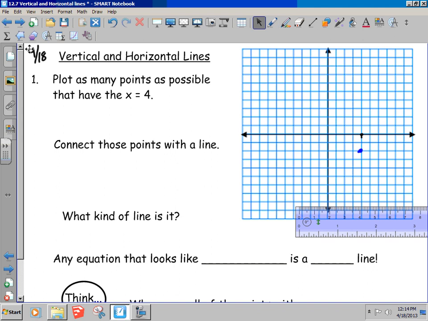Y is -2, but x is 4 there, right? Can you think of another point? Polanyi? Okay, in that case, x is 4 while y is 1, so x is 4. Peyton, can you think of another one?